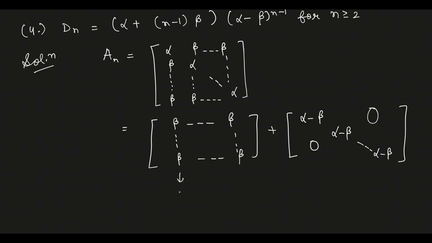So it is a rank 1 matrix. So trace means n beta and the remaining will be 0. And here it will be alpha minus beta.